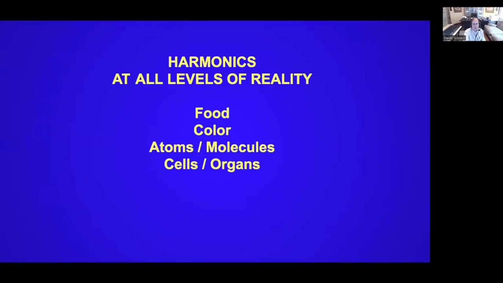Okay. Then we've got harmonics that are actually in food and in colors and atoms, molecules. You can think of, okay, what's an odd harmonic food? Well, that would be like either cayenne or maybe citrus. Whereas an even harmonic food would be more like coconut oil or mashed potatoes, right?